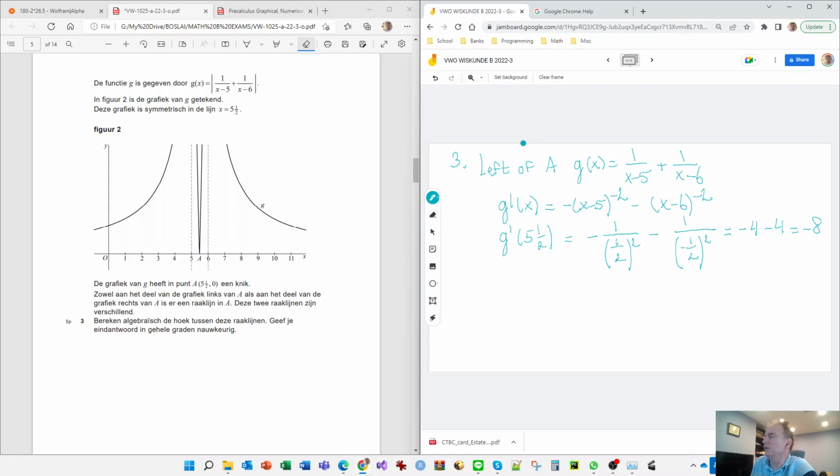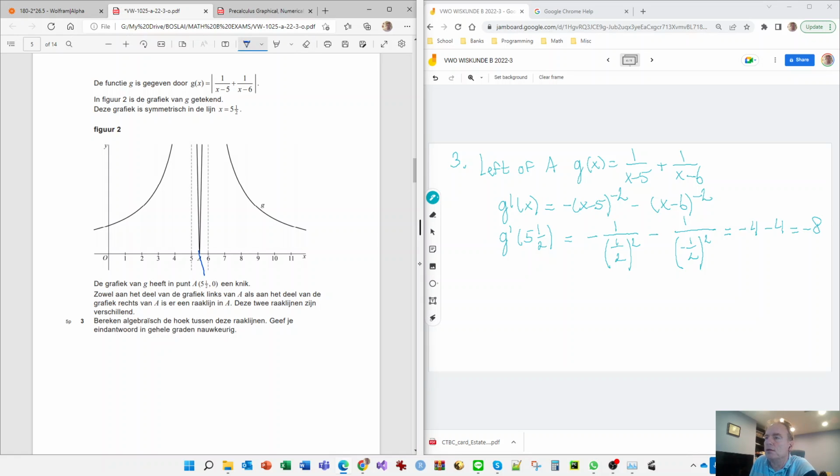So you have to know how to do these kind of things. It's negative, as you expect, so that's the slope of this line here. Oops, I drew it very poorly.